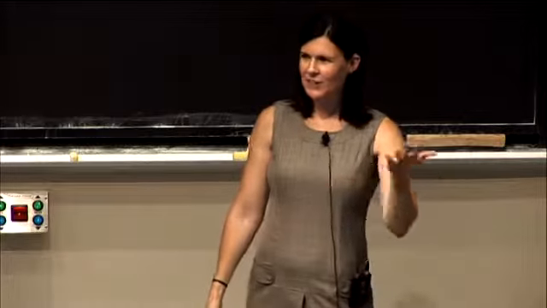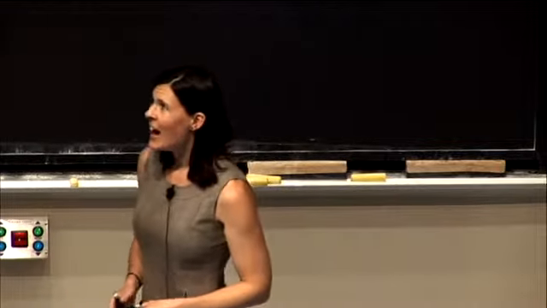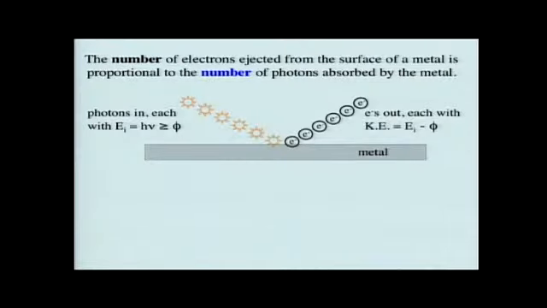So you might ask then, well, what is the significance of shooting different amounts of photons at a metal? Is there any significance at all, for example, in the number of photons that are hitting the metal or being absorbed by the metal? And there is a relationship here, and that is that the number of photons absorbed by the metal are related to the number of electrons ejected from the metal.